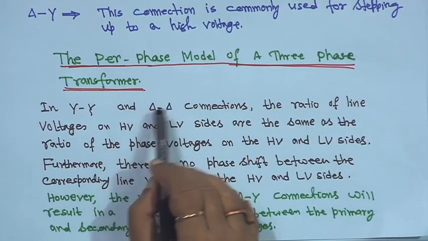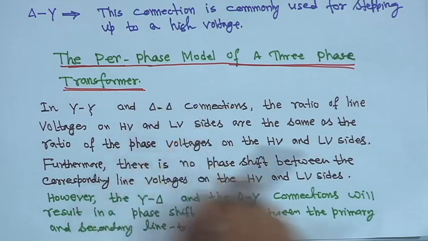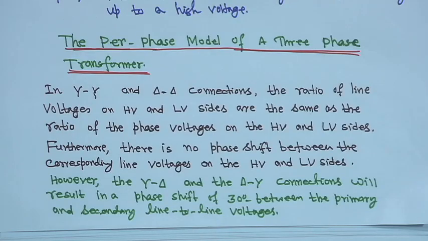Now, we have to see the per phase model, and here you have to understand a lot. In star or delta connection, the ratio of the line voltage on the high voltage and low voltage side is the same as the ratio of the phase voltage on the high voltage and low voltage side.